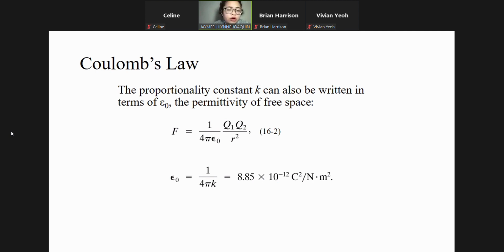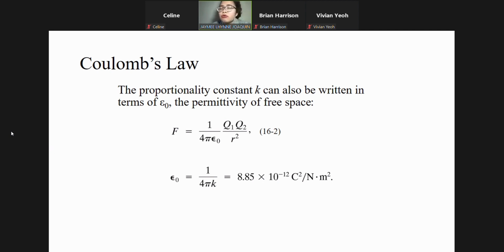So for the permittivity of free space, instead of using k as 8.988 times 10 raised to 9, your k constant would be 1 over 4 pi epsilon naught, which is the permittivity of free space. So teacher, what's the value of that?